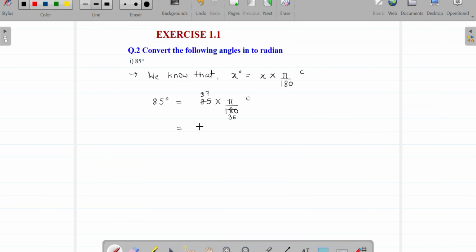Okay, means 17 upon 36 pi radian. And therefore 85 degree, which is equals to 17 pi upon 36 radian.